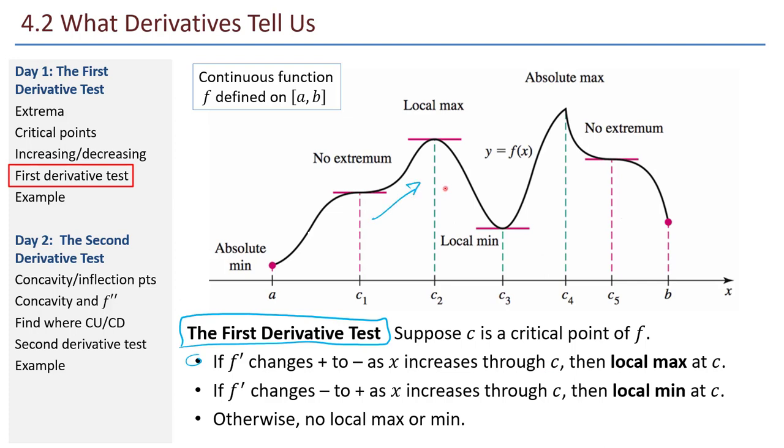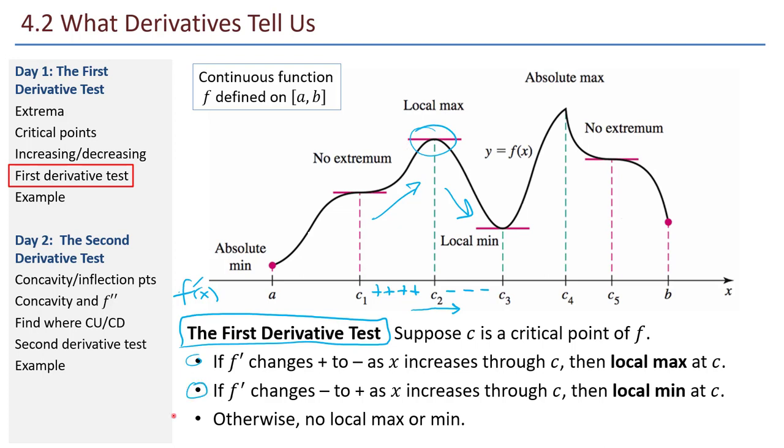For example, consider the values of f prime of x around c2. Before c2, it's positive, and then after c2, it's negative. So as x moves through c2, f prime of x changes from positive to negative. The function f changes from increasing to decreasing, and I have a local max.